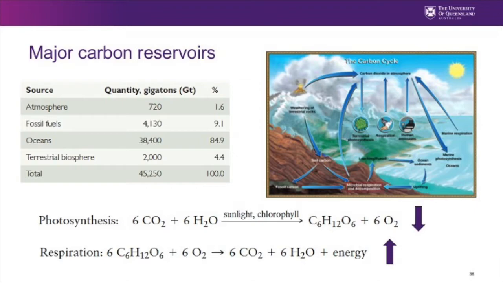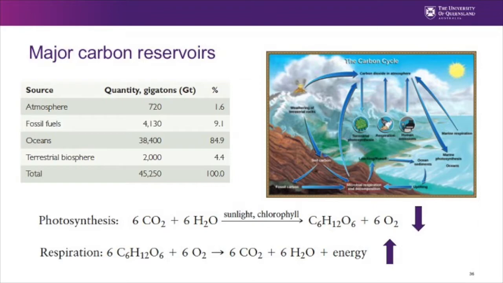So photosynthesis is the process of taking CO2 from the atmosphere by plants and phototrophic organisms, and they convert this CO2 into organic molecules such as glucose and other compounds such as sugars, etc. Body tissue in general.